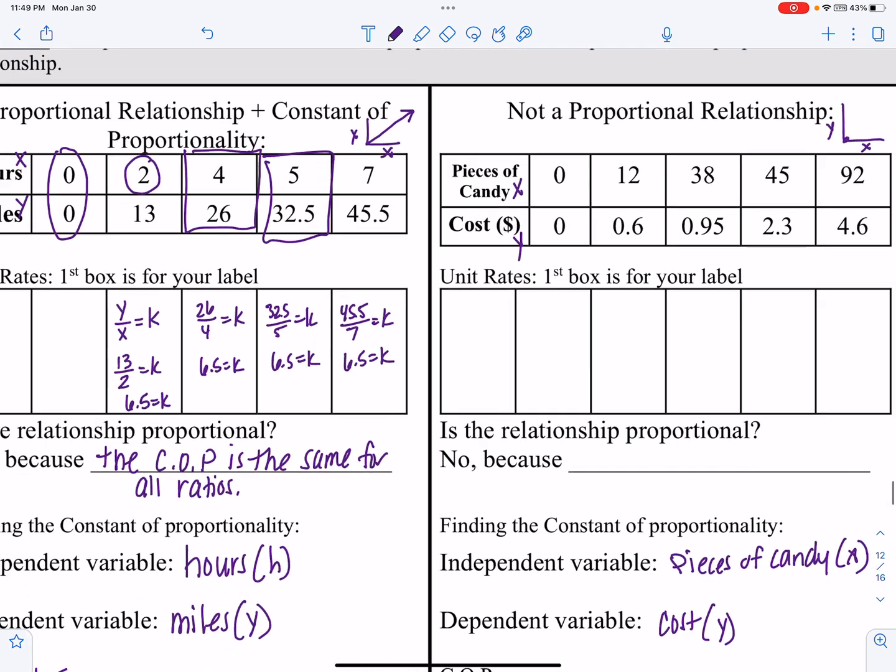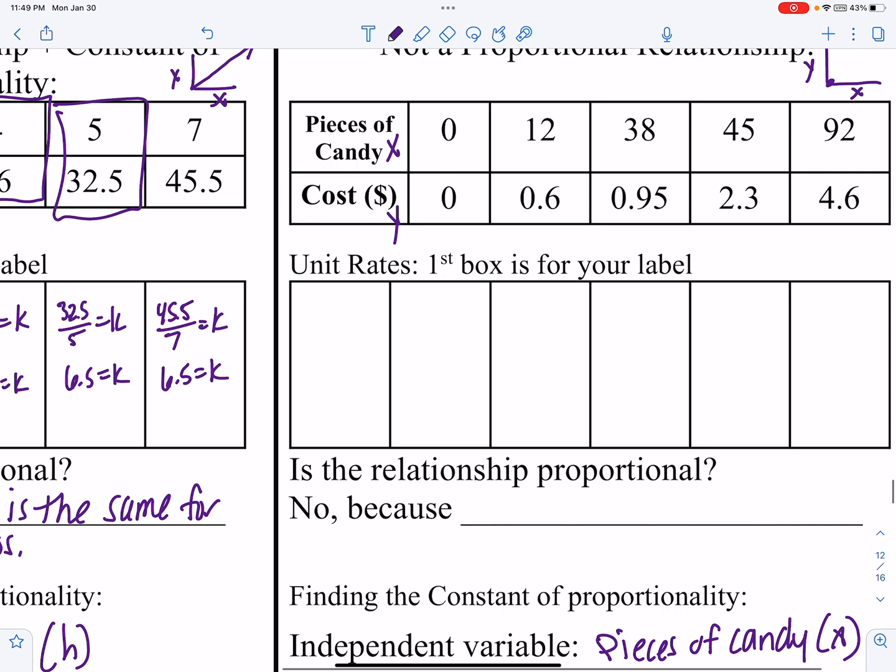Okay, so let's go ahead and test these out. Remember that obviously 0 divided by 0 isn't going to do anything, but let's go ahead and set up our constant of proportionality. So we're testing what is the multiplier from x to y. And so our original equation, just to remind you, is y equals constant of proportionality times x. So what times x will get me y?